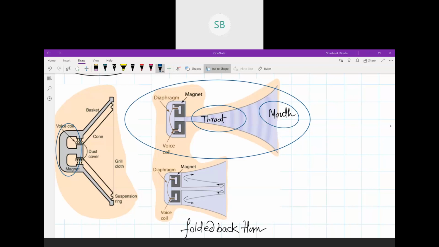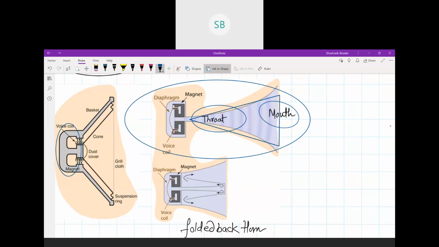Okay, let it be. The diameter of the horn increases from the throat to the mouth, as you can see in this diagram. So basically, you might have seen such loudspeakers. The horn thus forms the air chamber between its two ends.